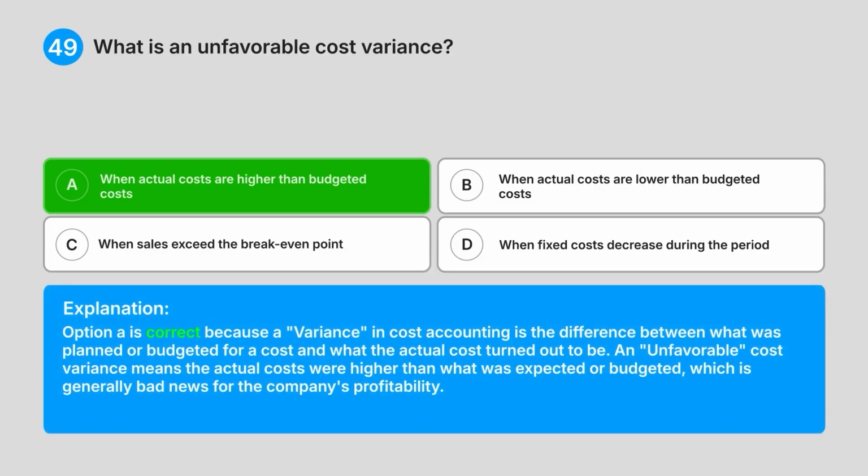Explanation. Option A is correct because a variance in cost accounting is the difference between what was planned or budgeted for a cost and what the actual cost turned out to be. An unfavorable cost variance means the actual costs were higher than what was expected or budgeted, which is generally bad news for the company's profitability.